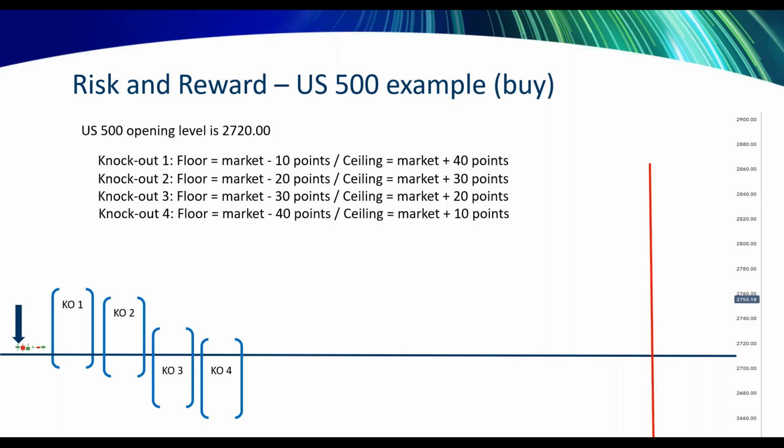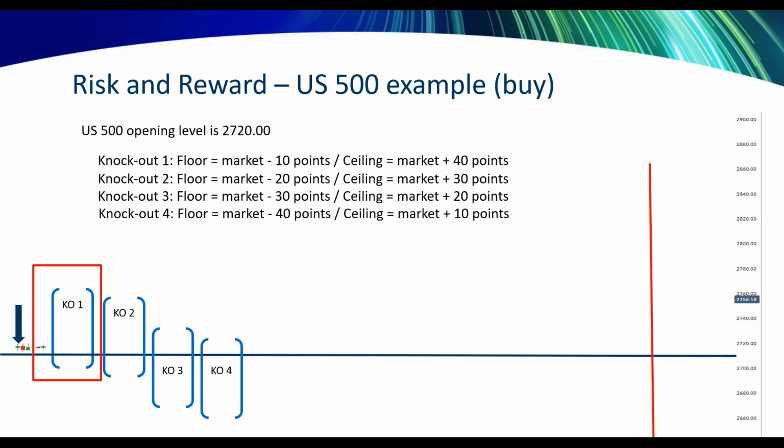So here is that example of the S&P 500, and you're looking to buy one. What people will generally do is look for one where the floor is close, so it's keeping your stop loss tight. I'm not telling you that you have to do that.